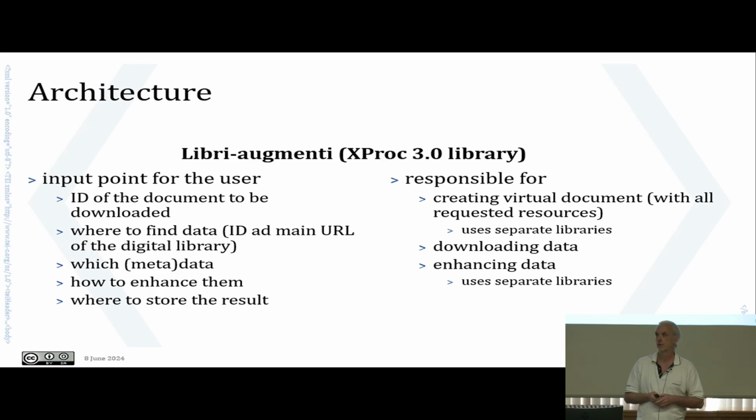And this library is responsible for creating virtual documents where all resources are identified with their URL. It also downloads data and enhances data by sending them to the external service.